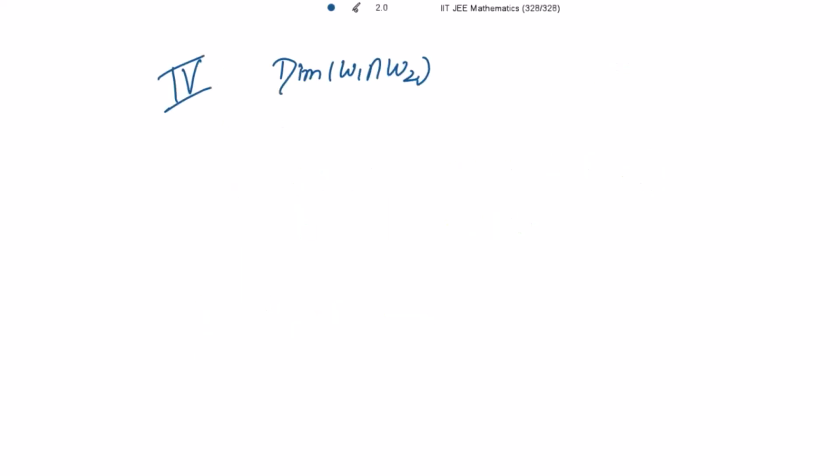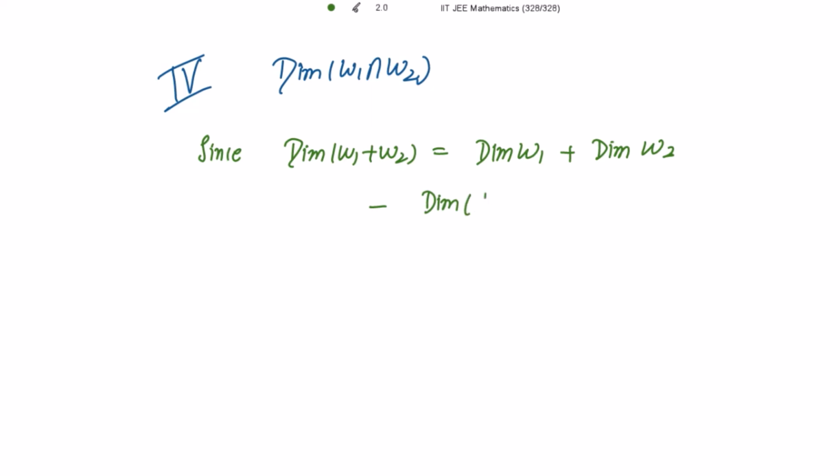Now to get the dimension of W1 intersection W2, a very well known result is that dimension of W1 plus W2 is equal to dimension of W1 plus dimension of W2 minus dimension of W1 intersection W2. We have got the dimension of the sum of the subspaces to be equal to 3.